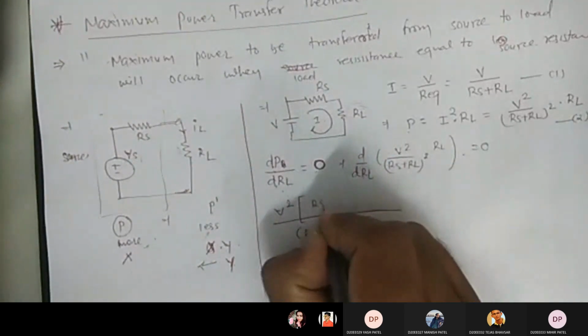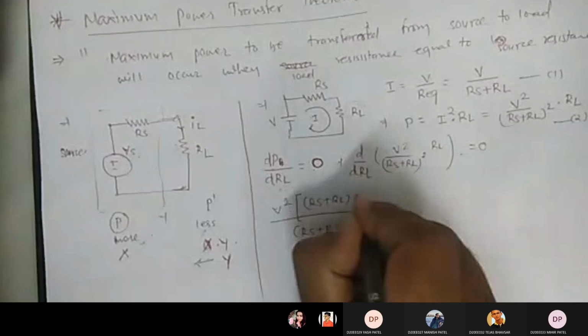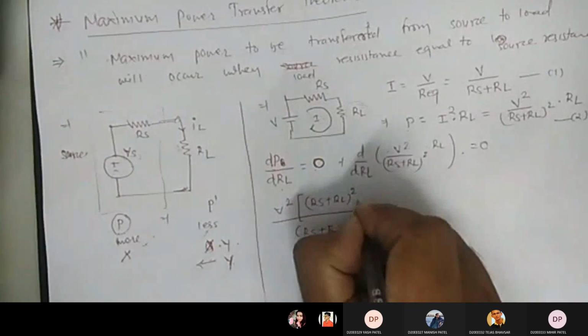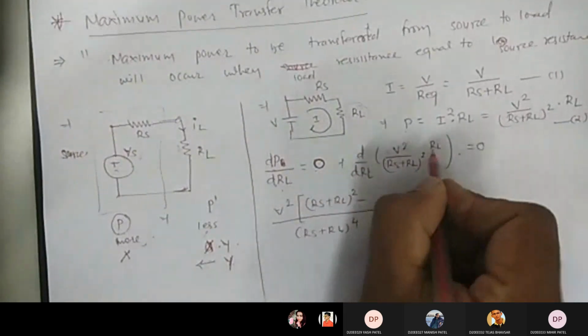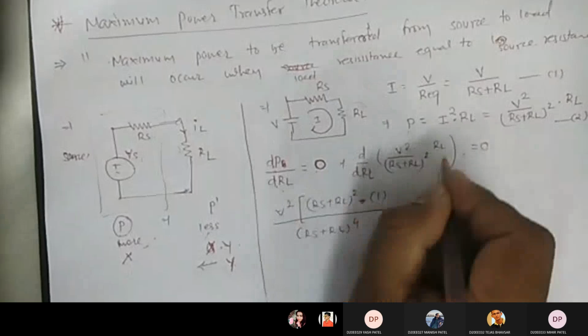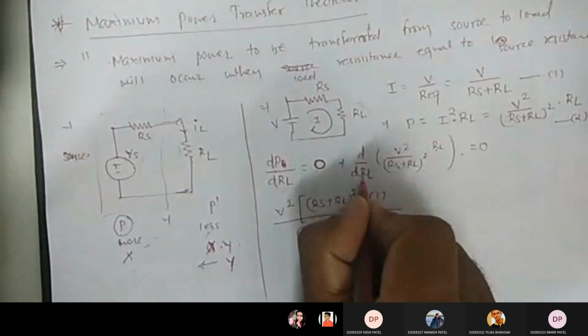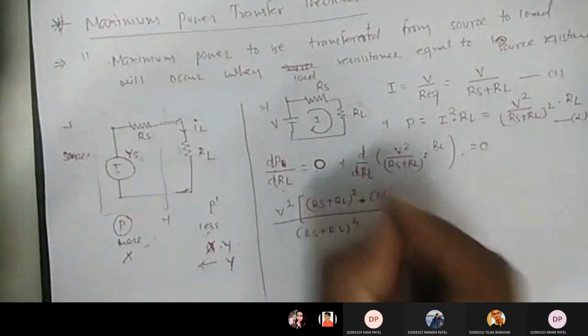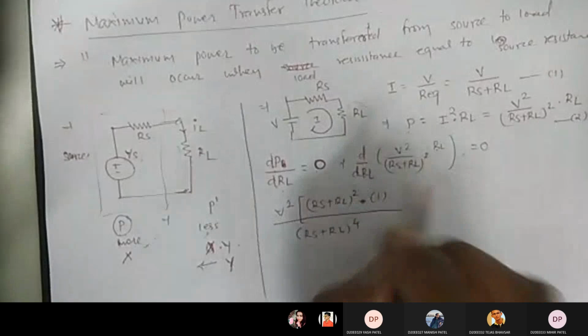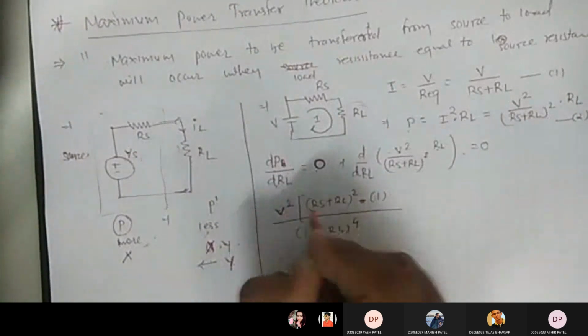Then (RS plus RL) whole square, into the derivative of RL with respect to RL, which becomes 1. V square we make common.